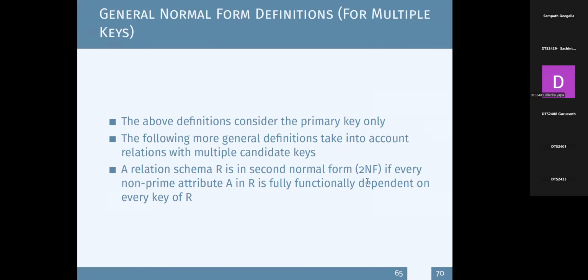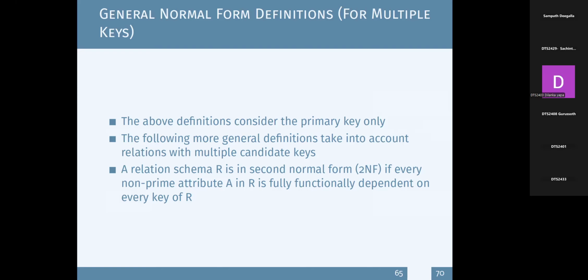Right. One last thing I want to discuss. We discussed the primary keys, but remember, you have to consider this for multiple keys as well. And that's what we observed in the second example I explained.